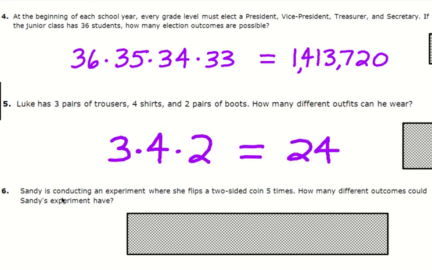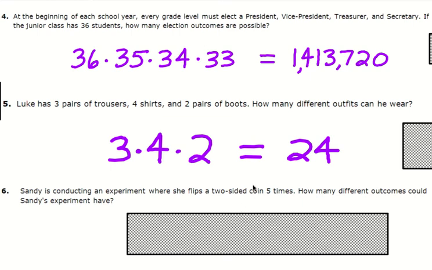Number 6. This one's a little tricky, right? So I hope you thought about this very carefully and how this models or relates to the counting principle, where there's a first event, and it can happen so many ways, and then there's another event that can occur so many ways, and then there might be another event that can happen so many ways, and then maybe even another event, you know what I mean?